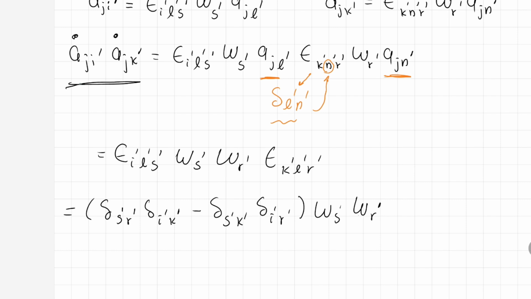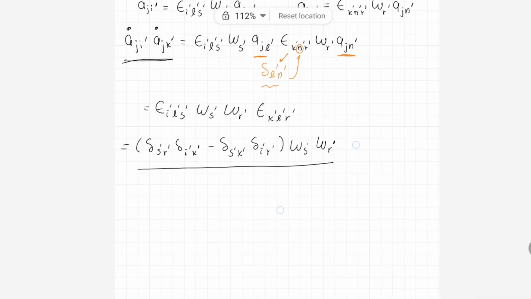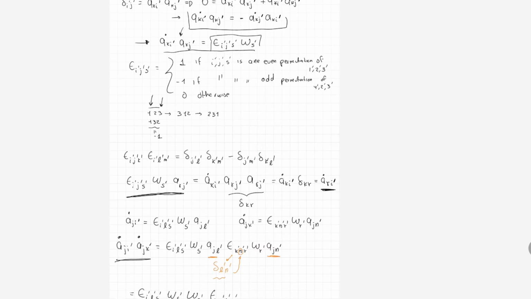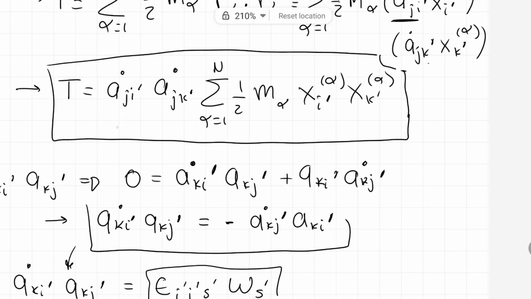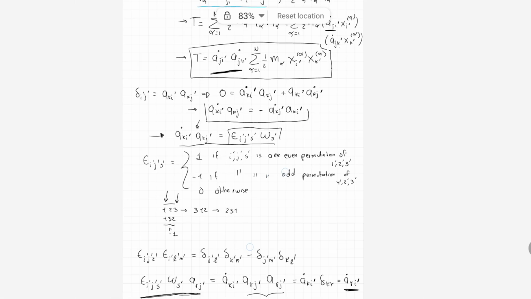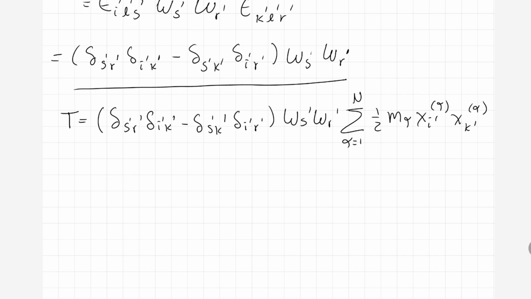Here is, well, that is equal to all these that we have. So we can go back to the definition of the kinetic energy, and we are going to substitute the result that we just found into here. Okay, so let me do that. Perfect. So this is what we will get if we substitute the result in the kinetic energy term.